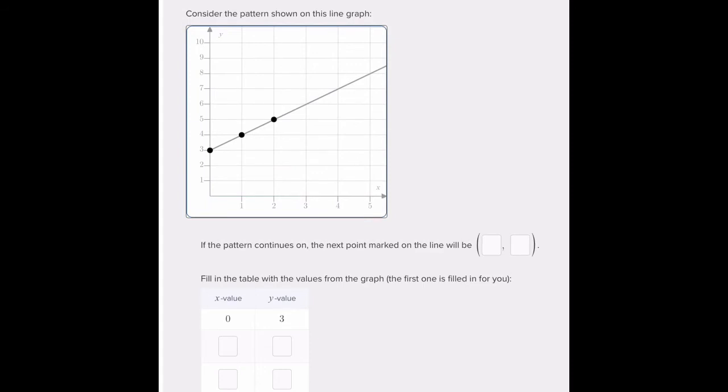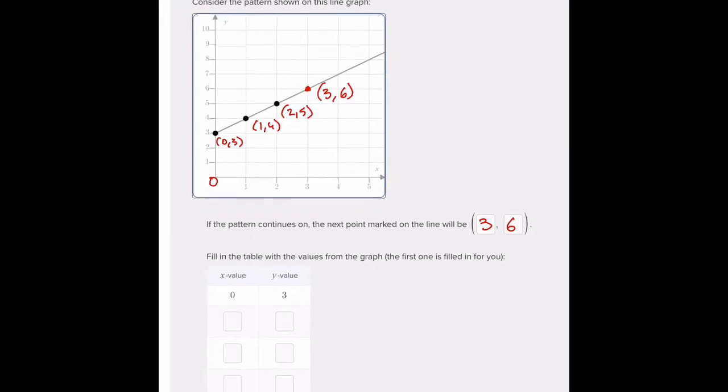Well, we started at 0, 3. The next point is 1, 4. Then it's 2, 5. The next point would be here, and that point is 3 comma 6. So we'll fill that in.